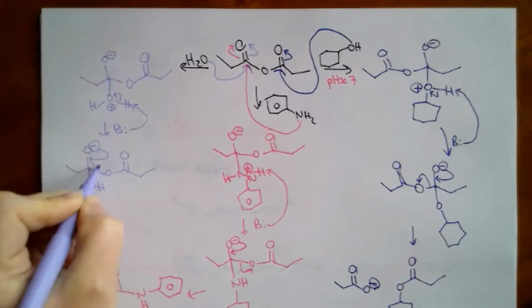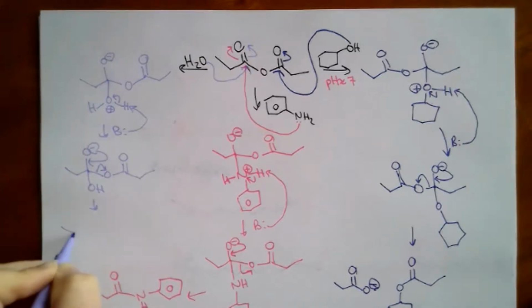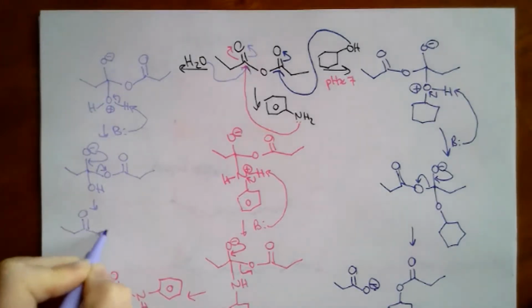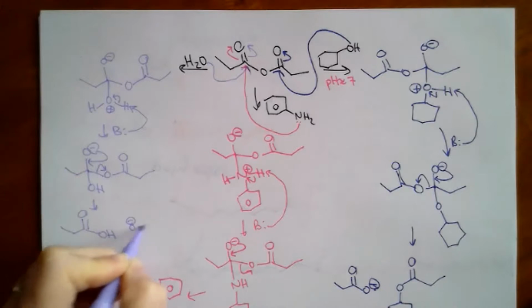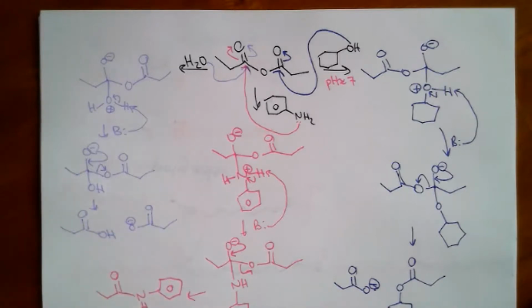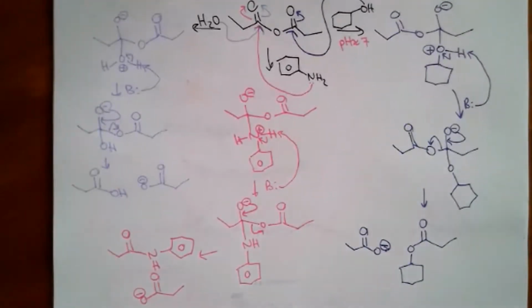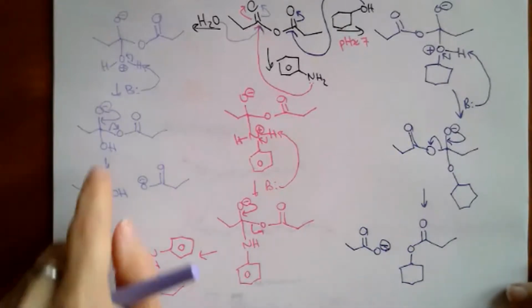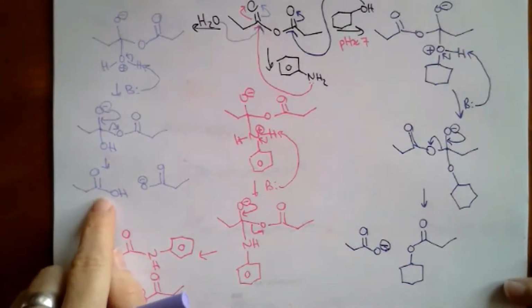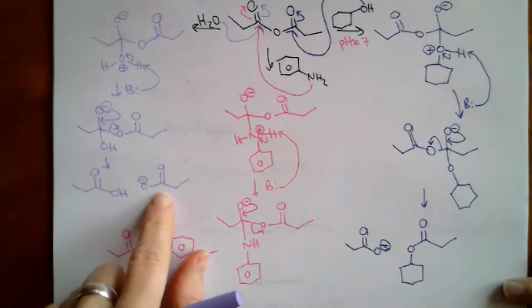You're ready to fold down and kick out your weakest base, your best leaving group. Uh-oh, what's the deal here? I folded down and made a carboxylic acid, and I kicked out and made a carboxylate.